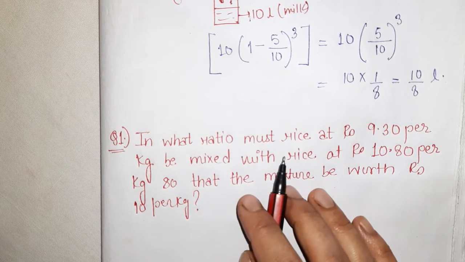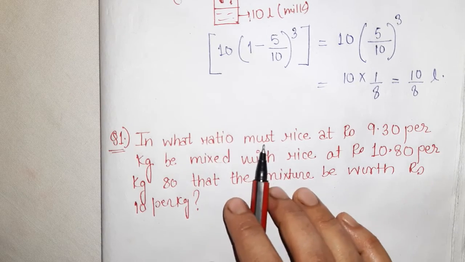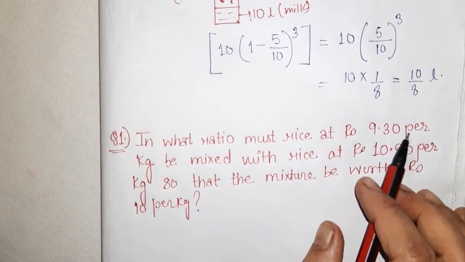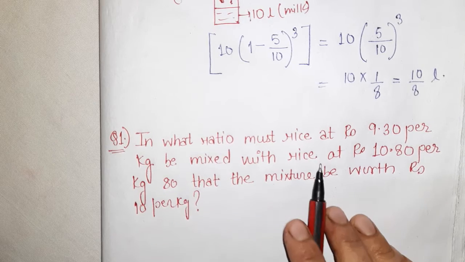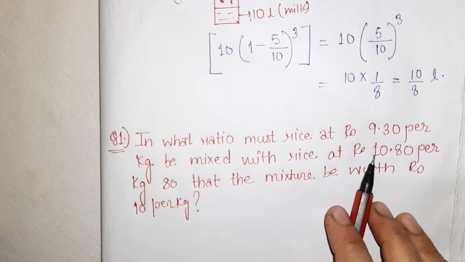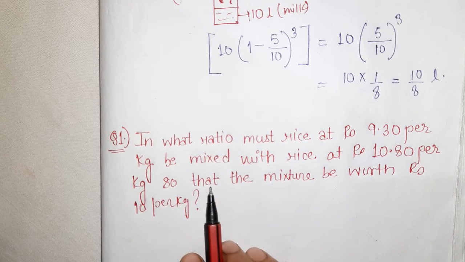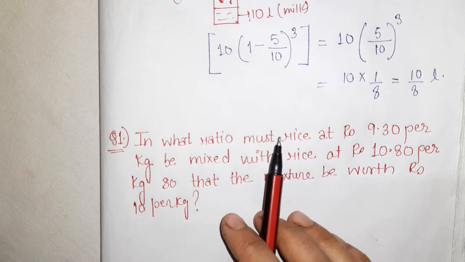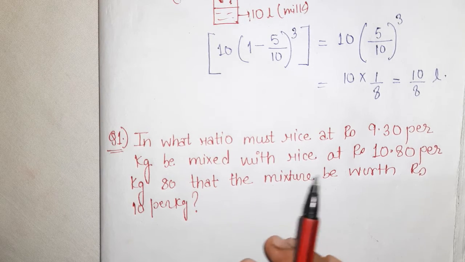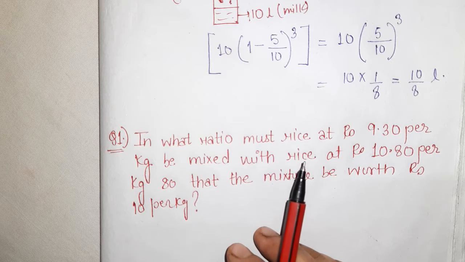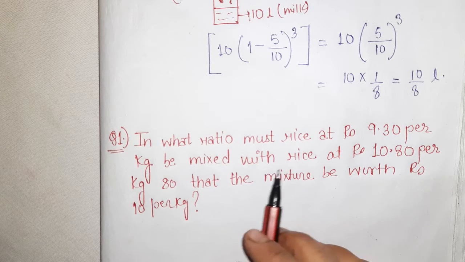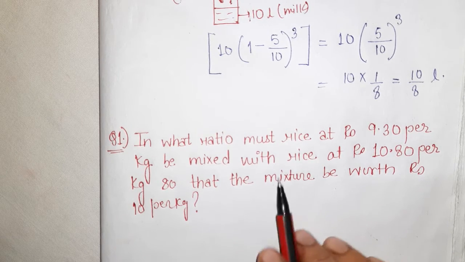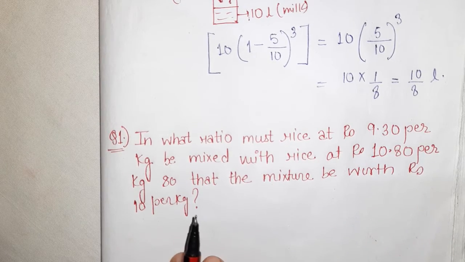quantity. Here 2 types of rice are mixed. The first type costs rupees 9.30 per kg, and the second type of rice costs rupees 10.80 per kg. And we are mixing both the rice, so in what ratio should we mix both of them, so that the cost of the new mixture that we get is rupees 10 per kg.